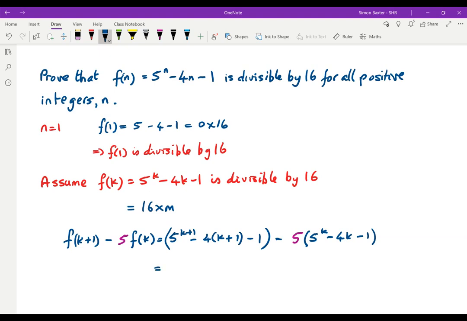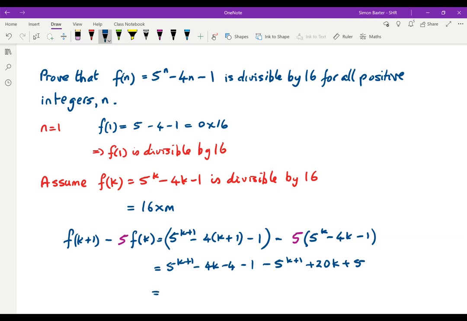This is equal to 5 to the k plus 1 minus, let's expand those brackets, 4k minus 4 minus 1. Minus 5 times 5 to the k. Minus 5 times minus 4 is plus 20k. Minus 5 times minus 1 is plus 5.